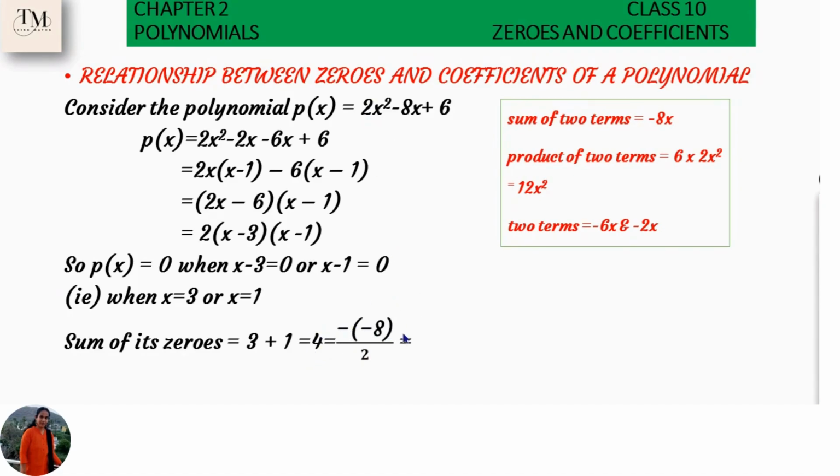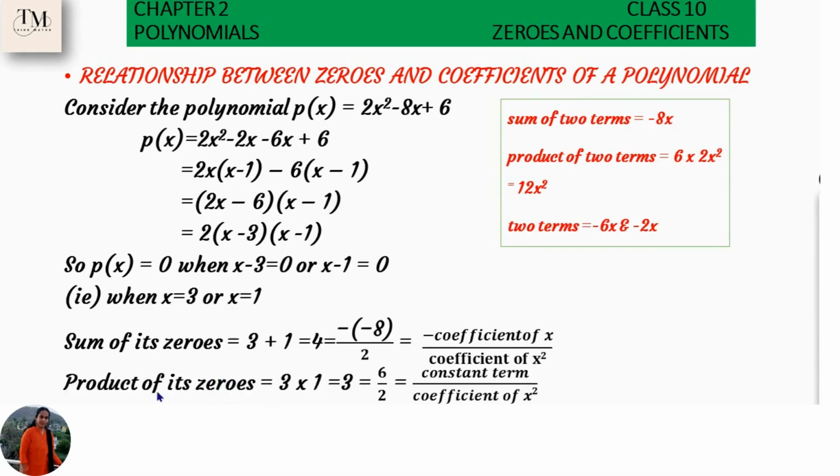So the sum of the zeros is minus coefficient of x divided by coefficient of x square.